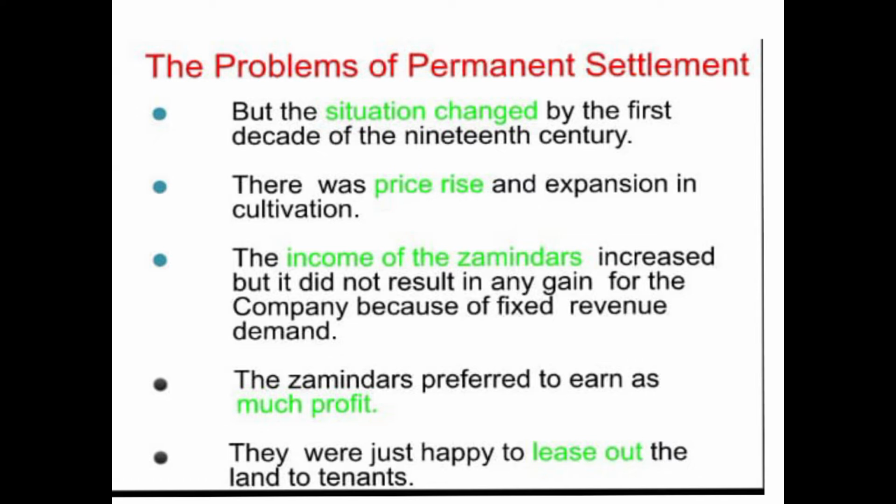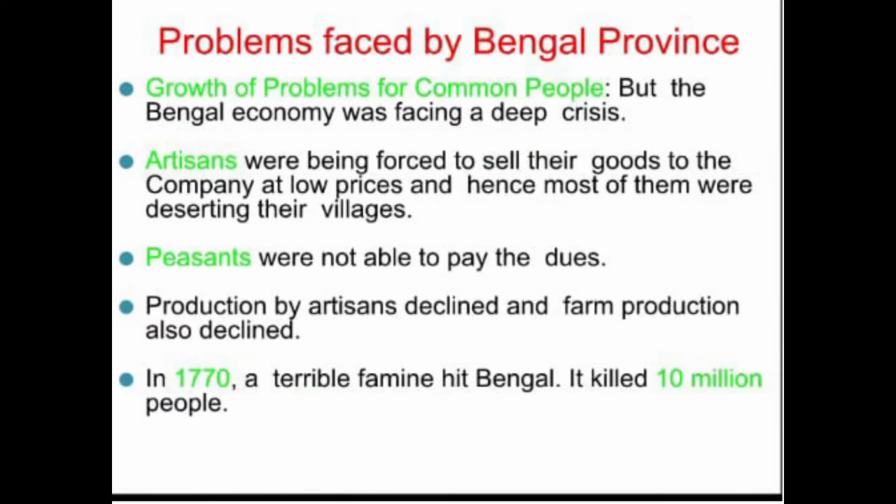The income of the zamindars increased, but it did not result in any gain for the company because of the fixed revenue system. Zamindars preferred to earn as much profit as they could because they were just happy to lease out the land to the tenants, and in return they would be getting the tax.